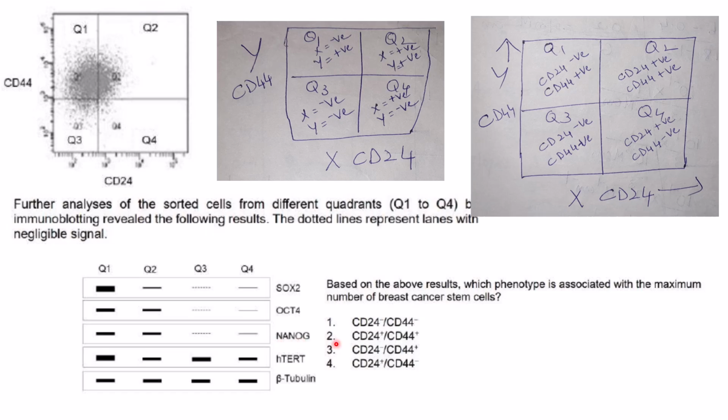So these SOX, OCT, NANOG transcription factors are present at higher levels in the breast cancer tissues.